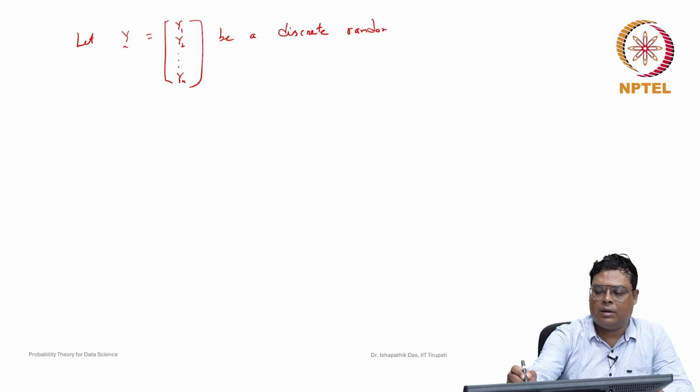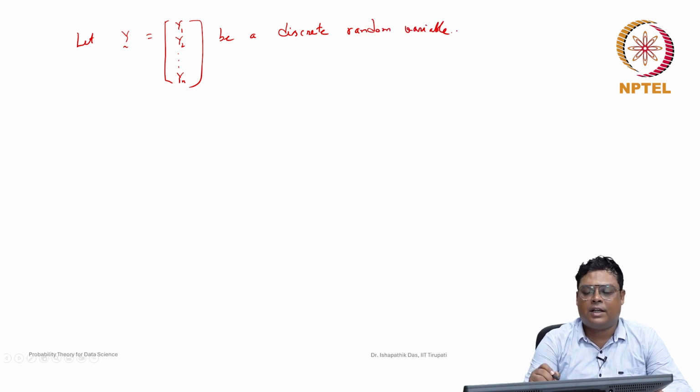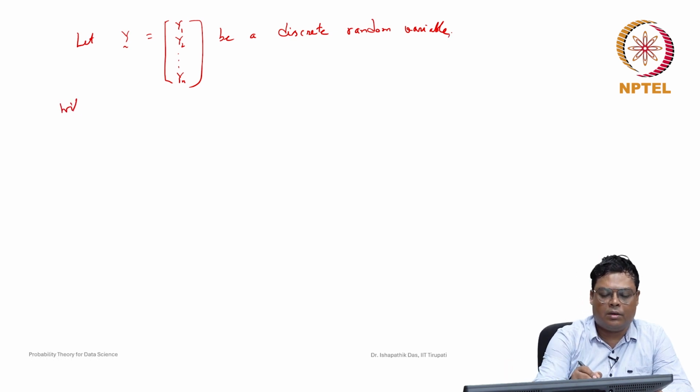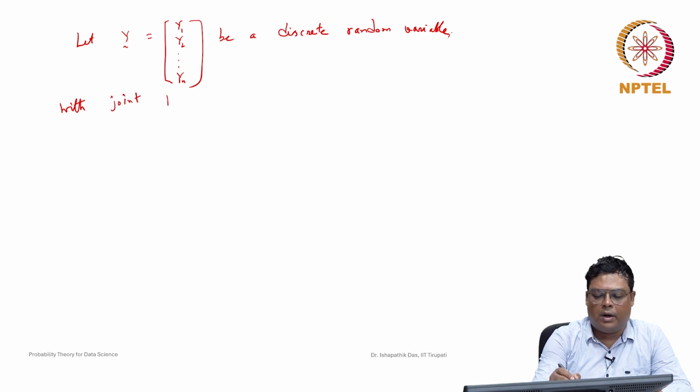Discrete random variable we have discussed. Then, with the joint probability mass function, I am just writing the abbreviation PMF, the joint probability mass function of y is P of y.